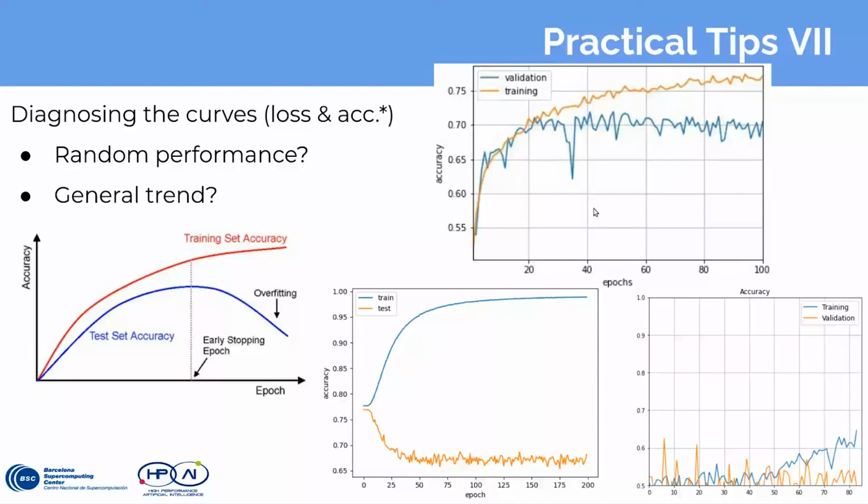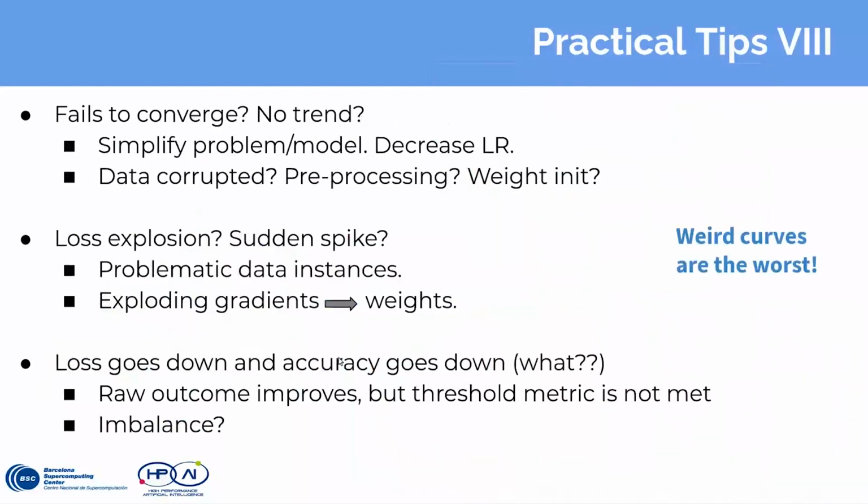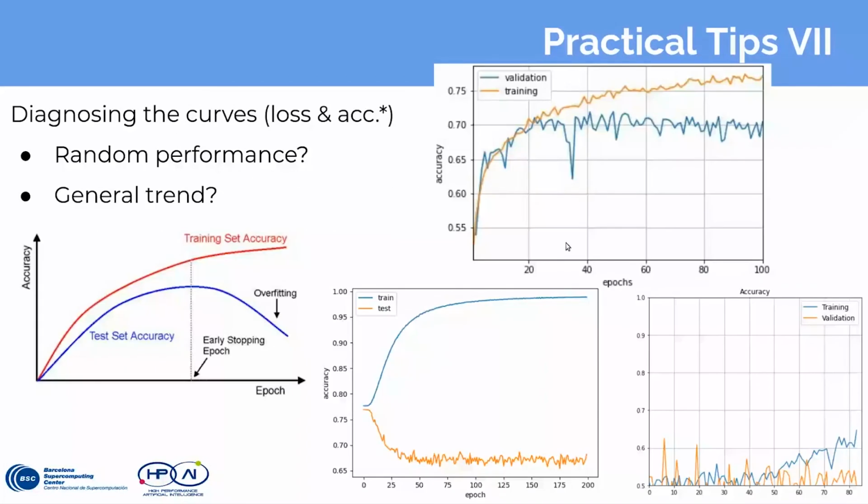But sometimes you see something that doesn't make sense, which is that both go in the same direction, both grow or both decrease. And this is because the neural network works in a probabilistic way. So the error is computed probabilistically, but the accuracy is not.